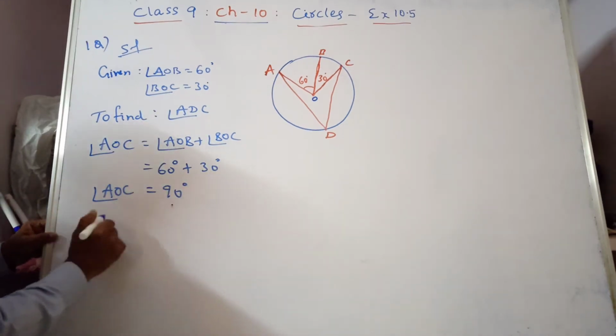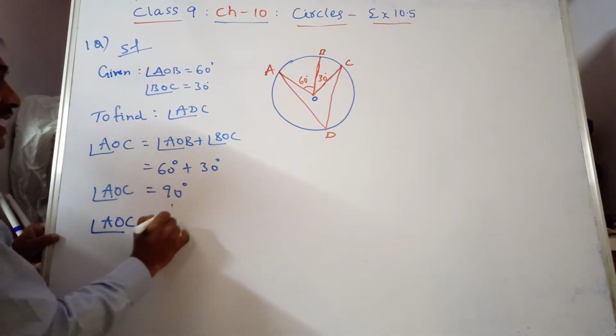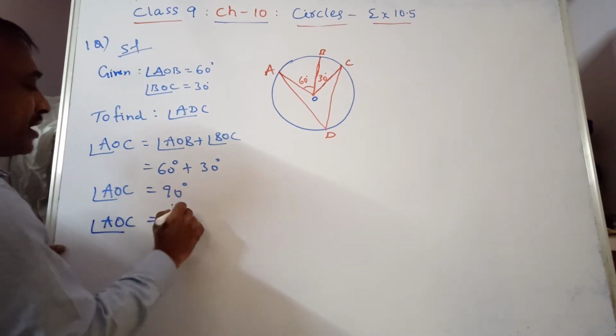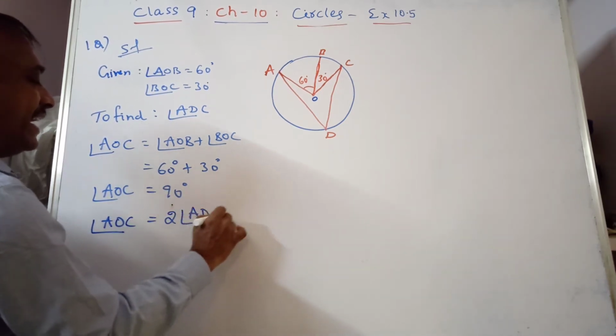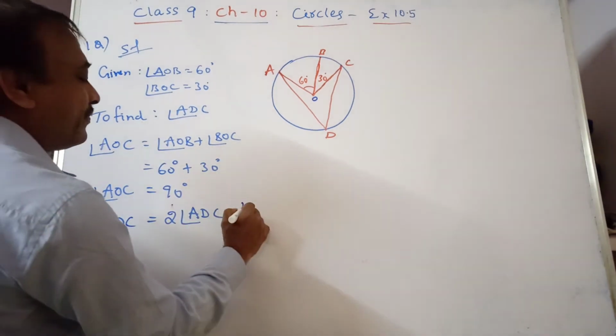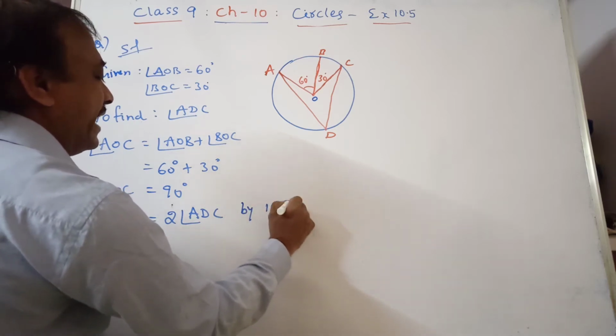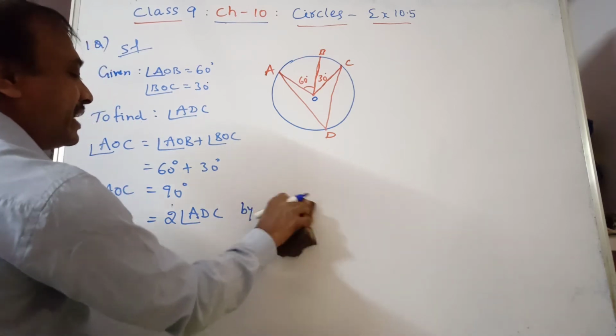As we know, angle AOC is equal to 2 times angle ADC by theorem number 10.8.